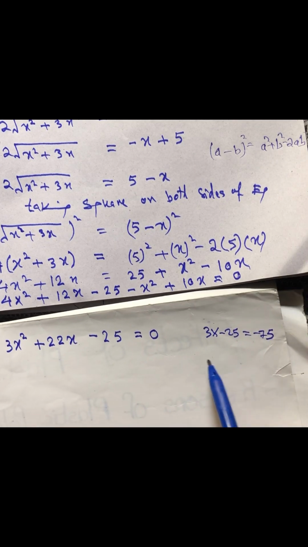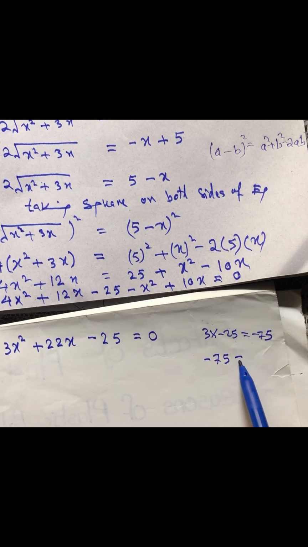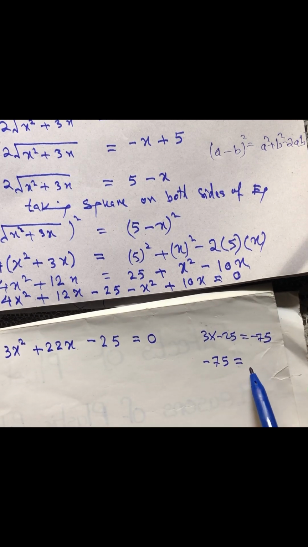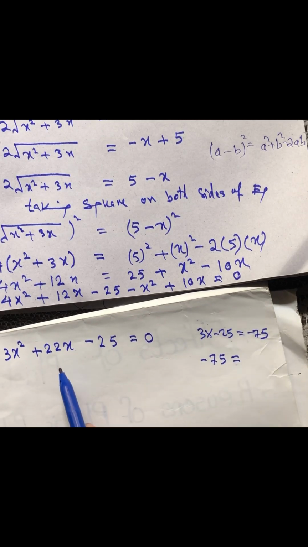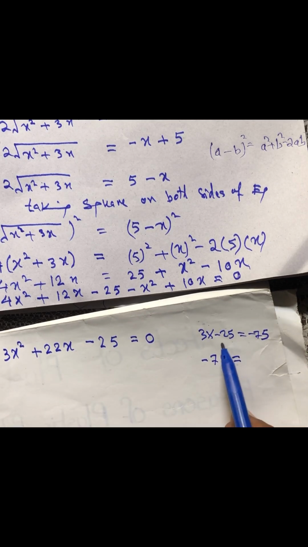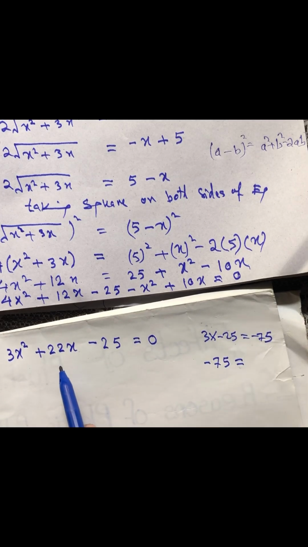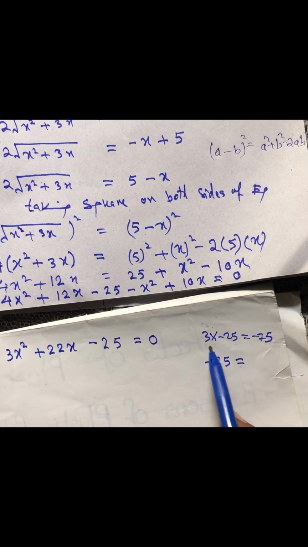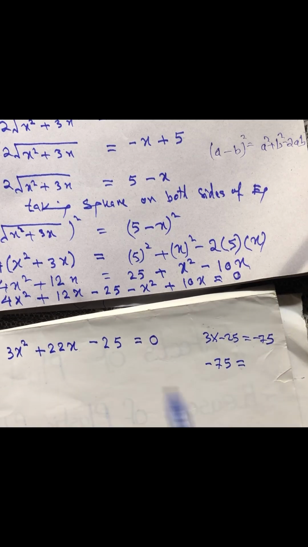We have to write factors of 75, where by multiplying minus 75 comes and by adding plus 22 comes. We can see 3 and 25, whose difference is 22.